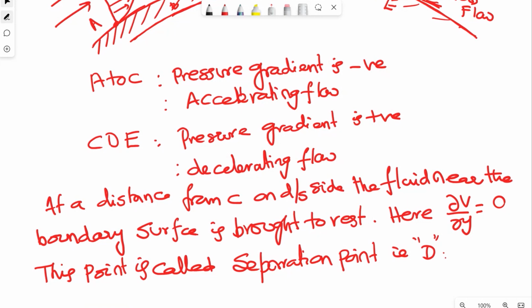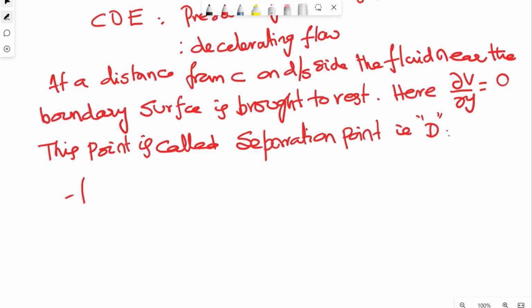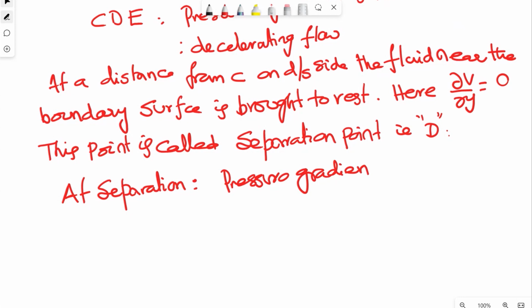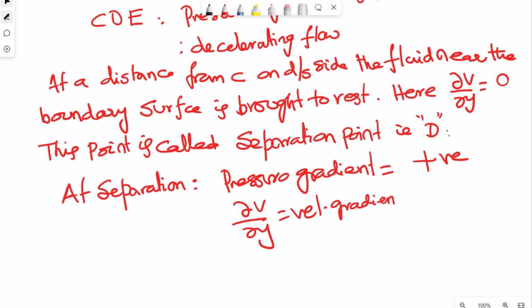At separation, there are two things. The pressure gradient is positive, and ∂v/∂y, the velocity gradient, is equal to 0.